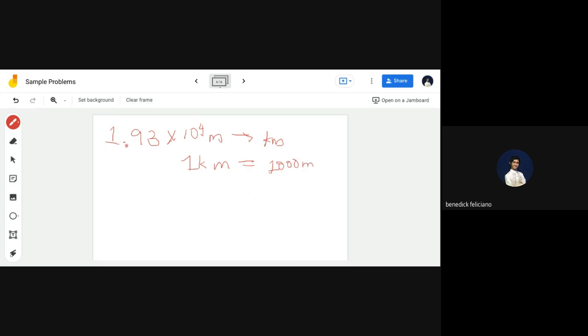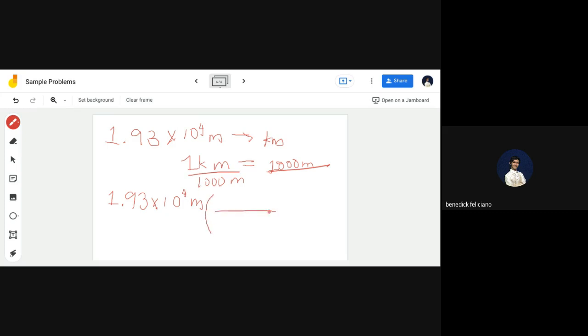So we will just need a conversion factor where the meter is on the denominator. Obviously we will just divide 1,000 on both sides. There we go. So 1.93 times 10 raised to 4 meters. Don't forget your signs or units.